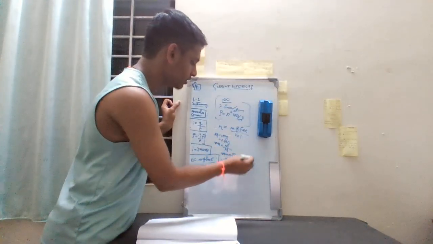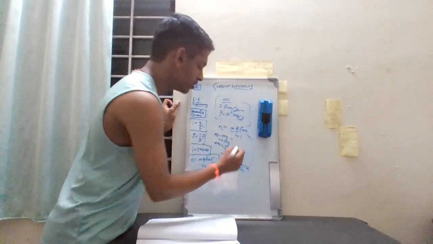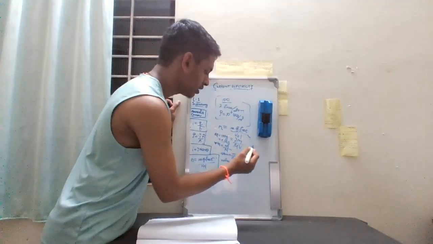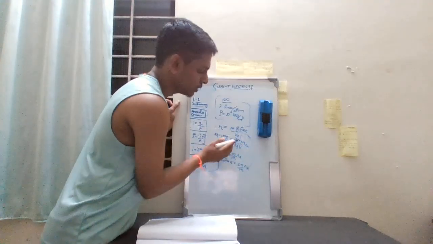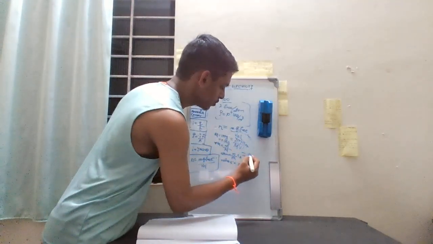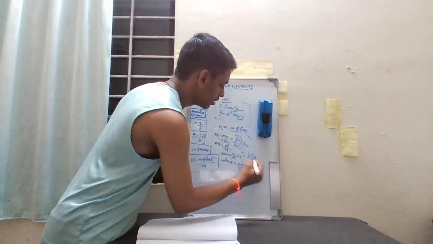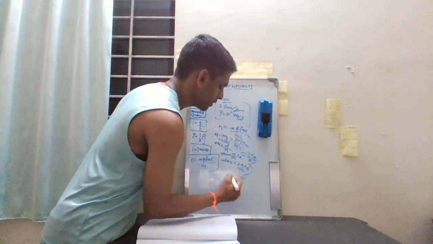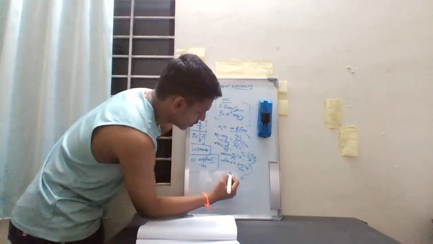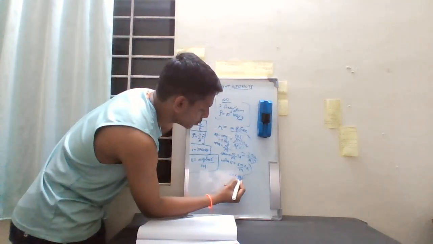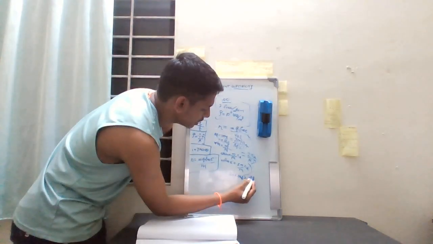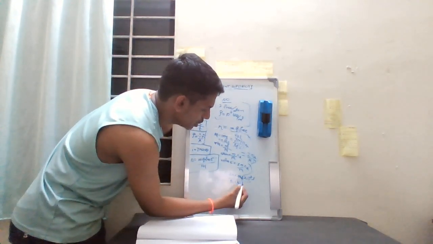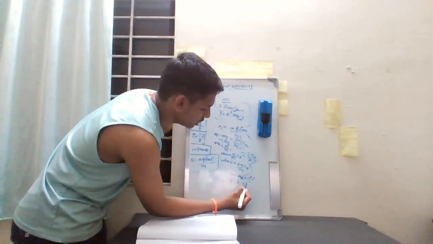Now we have our number of free electrons as 2 m by M into Na. We know that m by V is rho, so the density is 2 Na by M into rho. Now we just substitute all the values: 2 into 6.023 into 10 power 23, divided by the mass here, 0.1, into rho, which is 10 power 3.